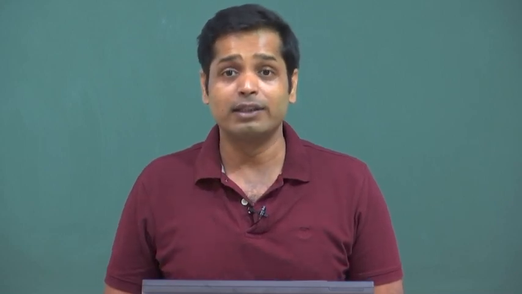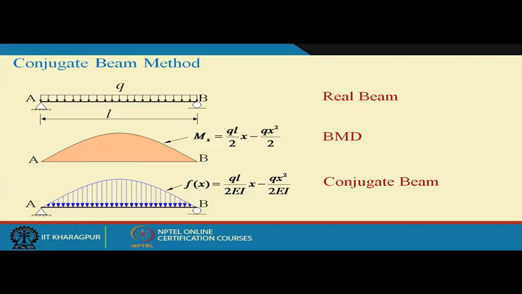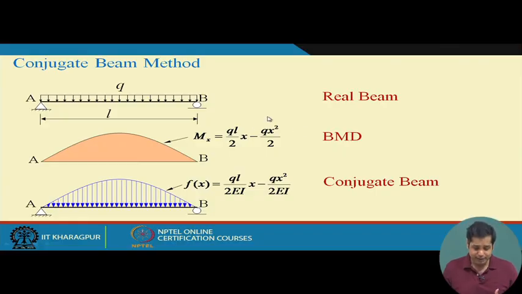Let us see what else is important. One aspect is the loading on the conjugate beam. The loading on the conjugate beam will be the M by EI diagram of the real beam.